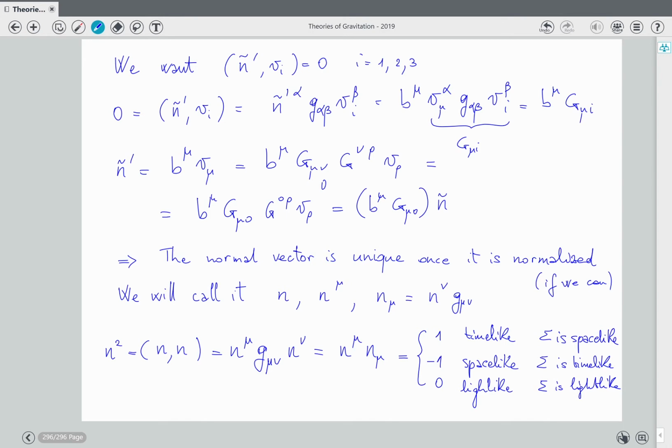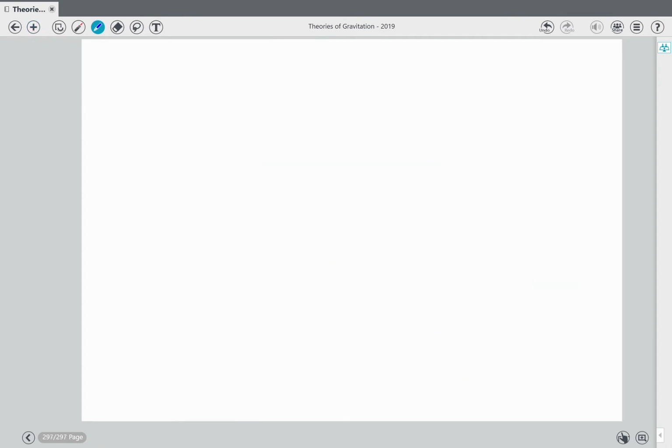And both cases are actually important, although later we will focus on the first or the second, I don't remember, n squared equal 1, yes. But for the time being, we consider n squared equal to both cases, plus or minus 1.